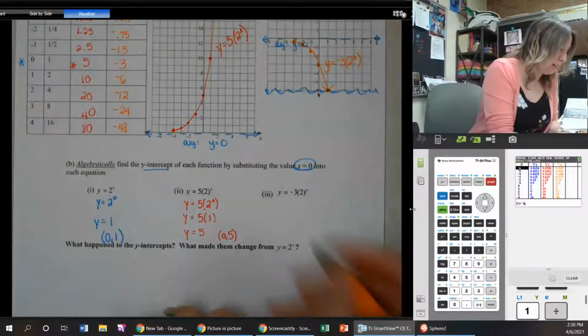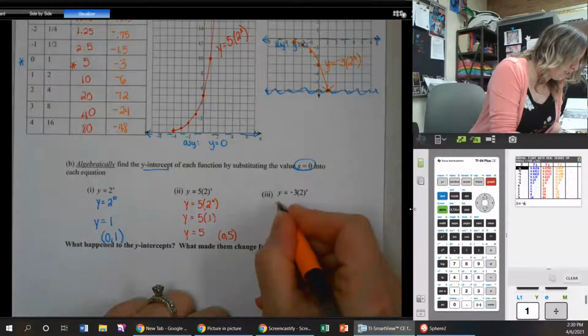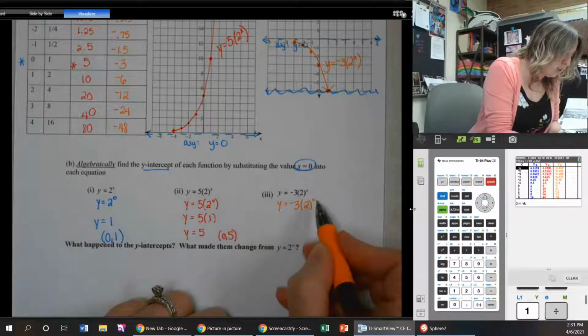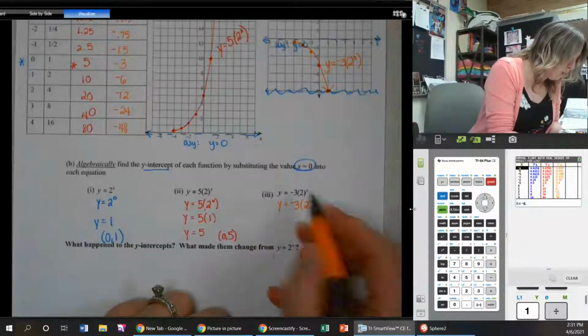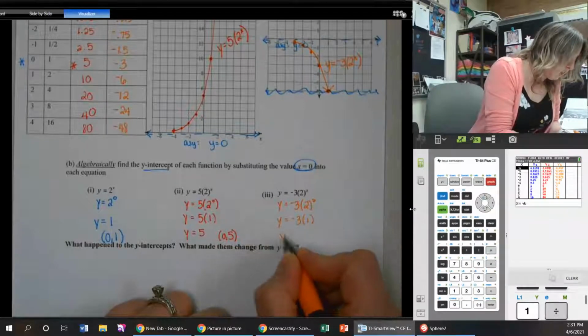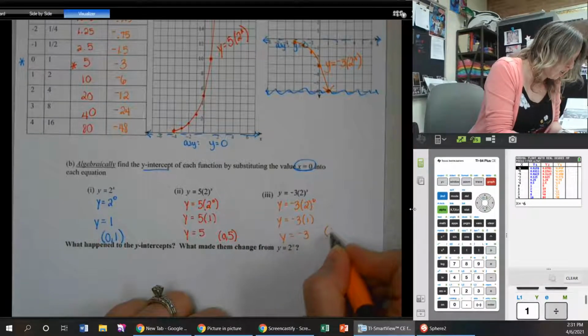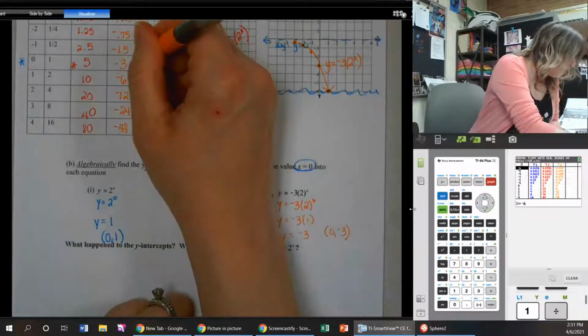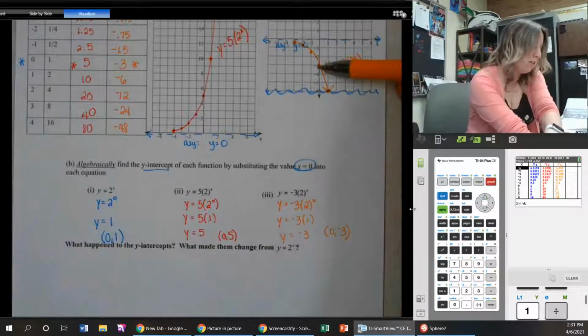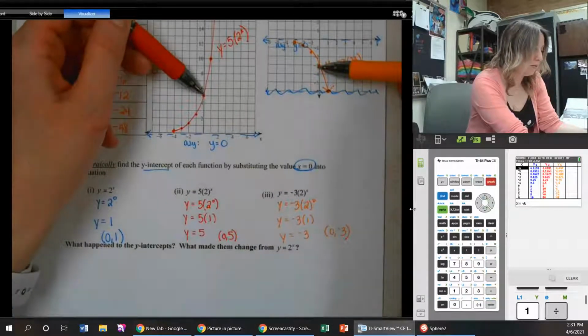Last but certainly not least, and then you'll understand, this is why I'm plugging that value in as 0, right? 2 to the 0 is 1, but I've still got to multiply by -3. And -3 times 1 is still -3. So this is 0, -3. And that's, again, this value right here. So we can see it right here.